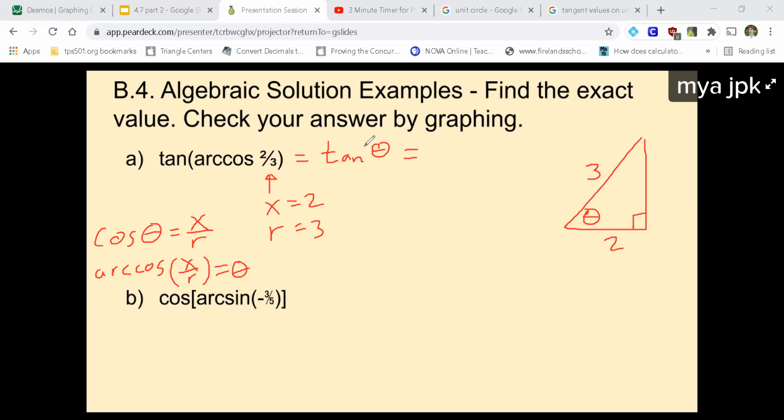And the tangent of your angle is y over x. So my final answer is going to be y over x. I know what x is. X is 2. That was given to me. I don't know what y is, but I could find out what y is really quickly. How would I do that?